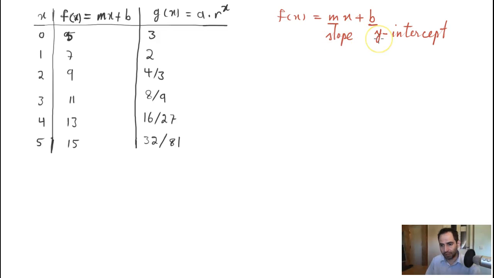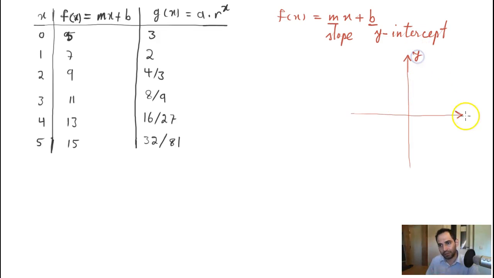As long as we're talking about this, let's say this is the graph of this linear function. What this b determines is where the graph of the function goes through the y-axis.